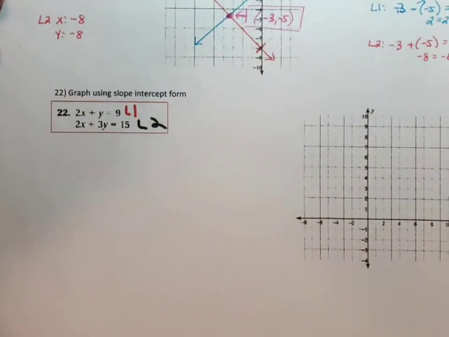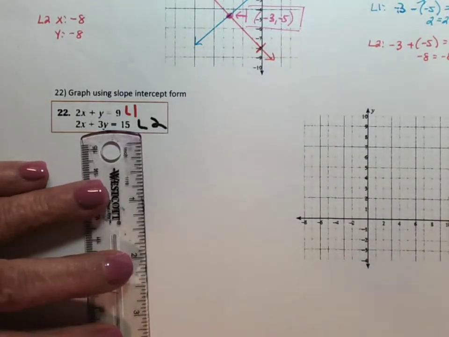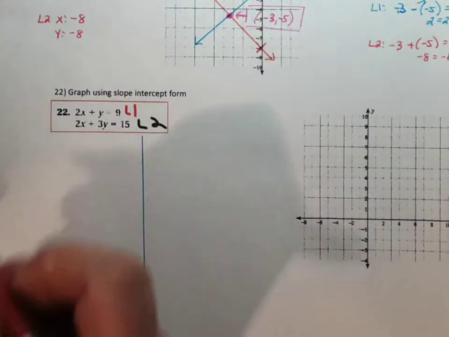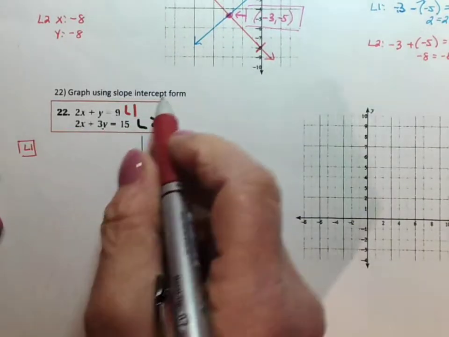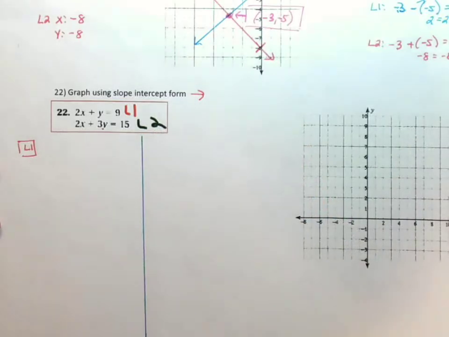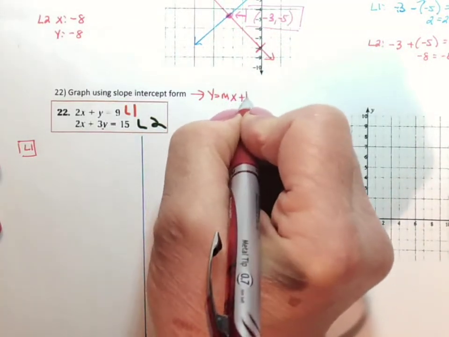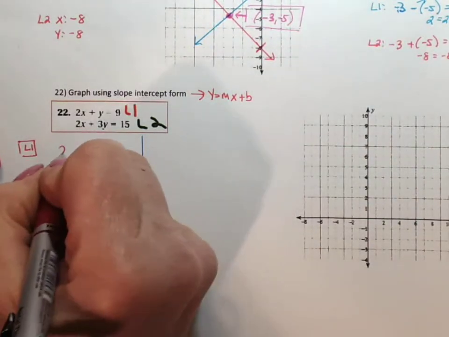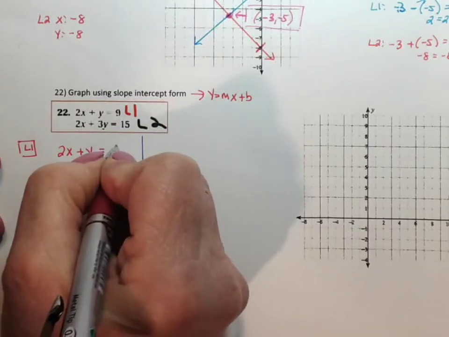So now, for this problem right here, line 1, we're going to put them in slope-intercept form, which is y equals mx plus b. So our first equation is 2x plus y equals 9.